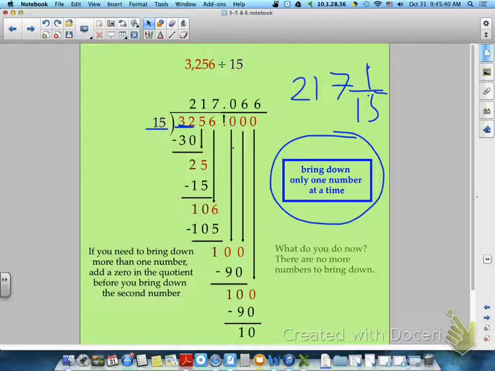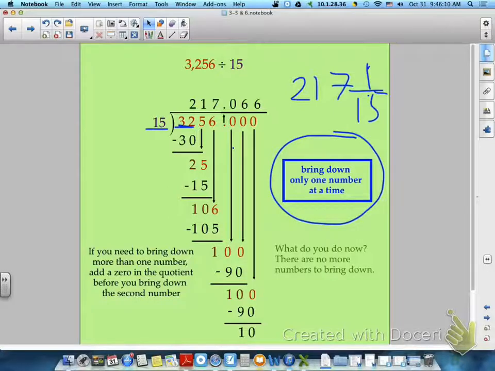We brought that down, realized that wasn't going to help, so we added a 0 and then brought the next zero down. So it was okay that we didn't put a 0 next to the 6 again, because you only brought down one zero at a time, so you don't need to. Correct.